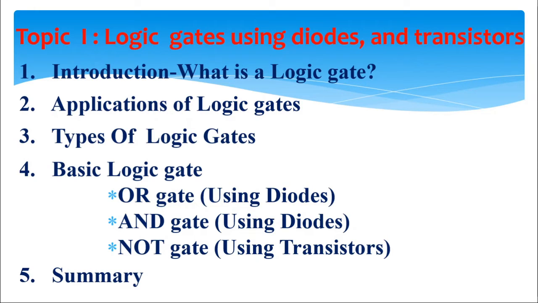The operation of logic gates will be explored using switch analogy and also using discrete components such as diodes and transistors and the corresponding truth tables. In addition, simple applications of logic gates will be explored.